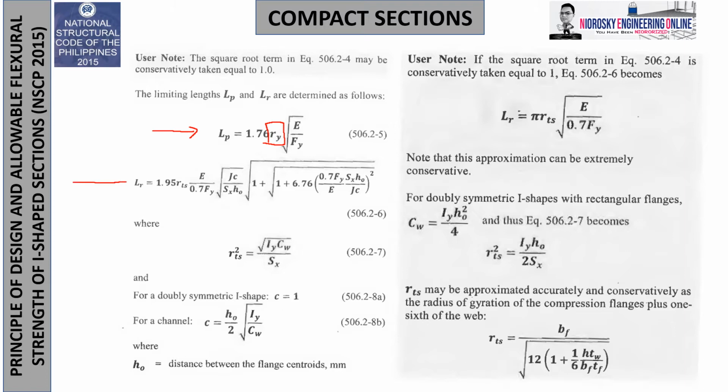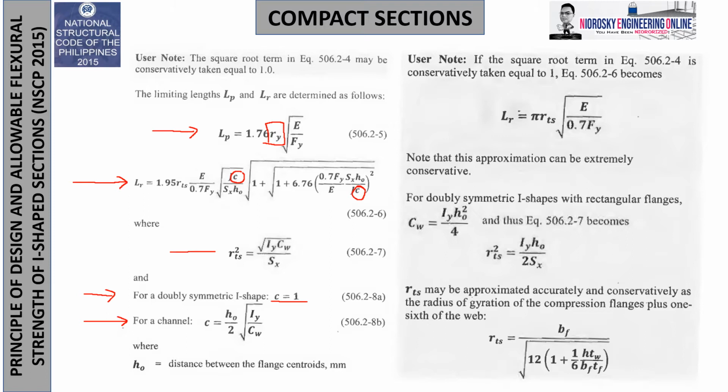L sub R, so, may makocompute ka din naman. Yun nga lang, medyo mukhang mahaba. So, ang kakaiba dito, ano yung value ng C? So, ang value ng C, kapag doubly symmetric, is just take it as 1. Pero pag channel, which is hindi natin scope for today's discussion, then that is h sub o over 2 square root of I sub Y over C sub W. So, don't forget to consider this.